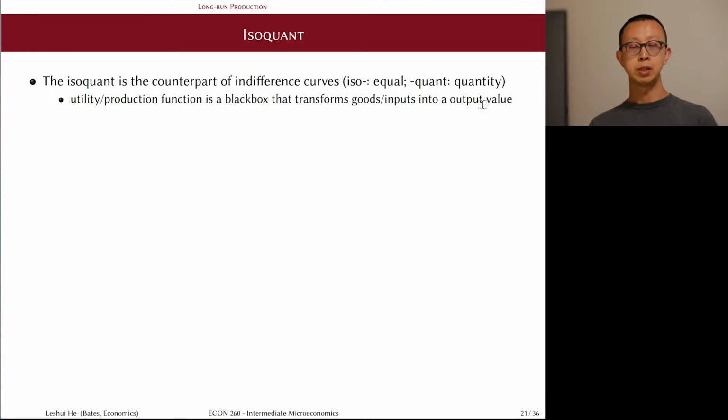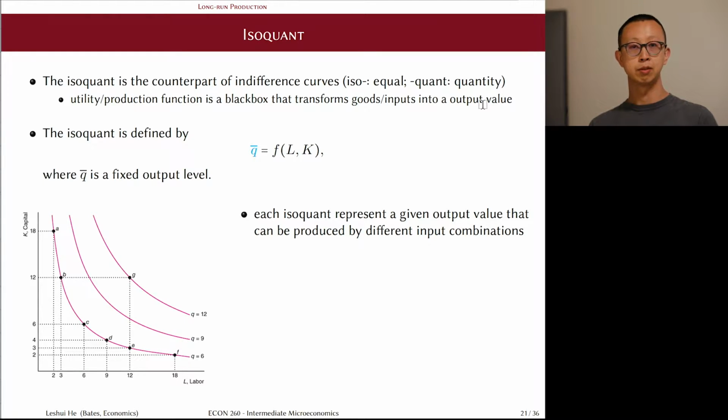Just like we can use indifference curves to understand the combinations of goods that deliver the same level of utility, here we can use very similar curves to describe the combinations of inputs that deliver the same level of output. We call this curve the isoquant. ISO stands for equal and quant stands for quantity.